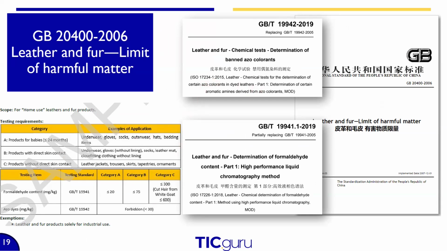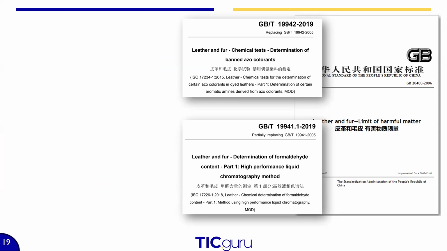The ISO standards of 17226 and 17234 are called in from the GB standards. These methods are standard methods, which I hope you recall from the definition. They get into details of ensuring that the measurement of formaldehyde or isocolorants has desired repeatability. And the product standards are used to define permissible limits.